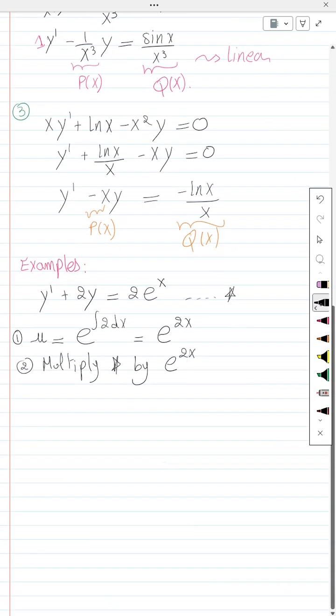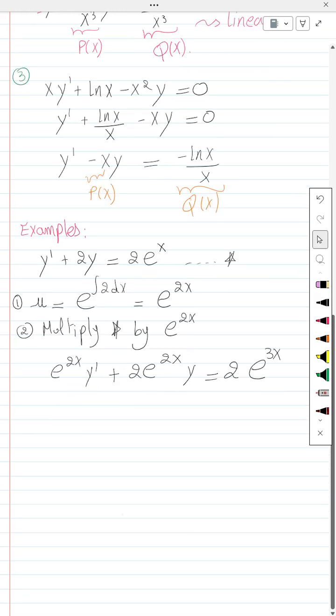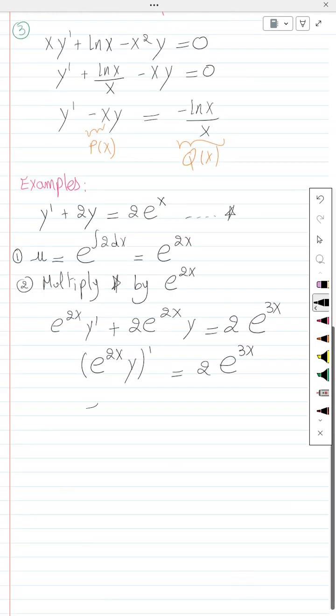So we're going to obtain exponential 2x y prime plus 2 exponential 2x y is going to be exponential 3x, since x plus 2x is going to be 3x. So on this side, we are obtaining exponential 2x times y, all prime, is going to be equal to 2 times exponential 3x.